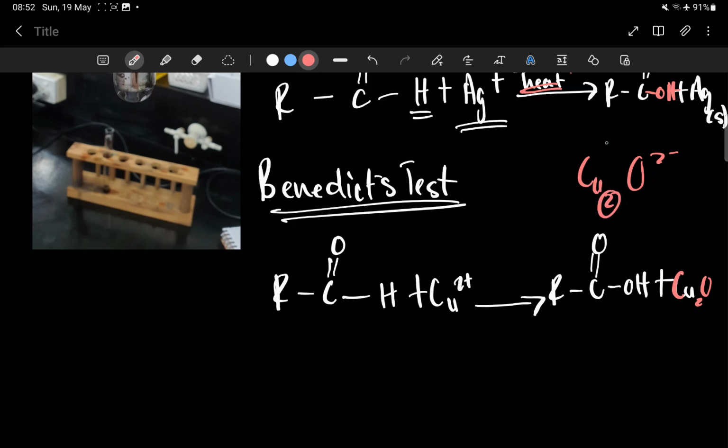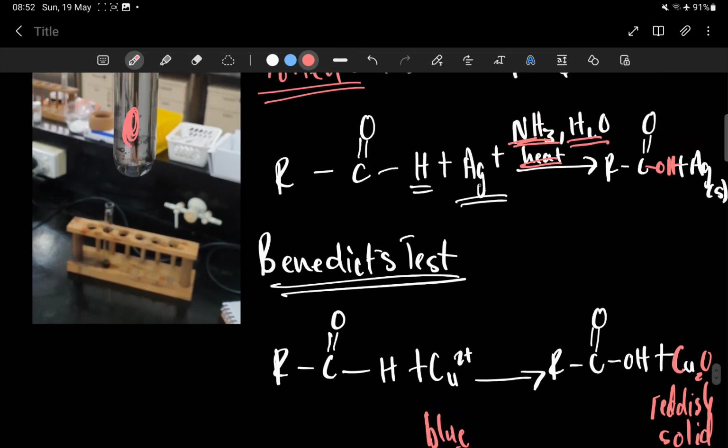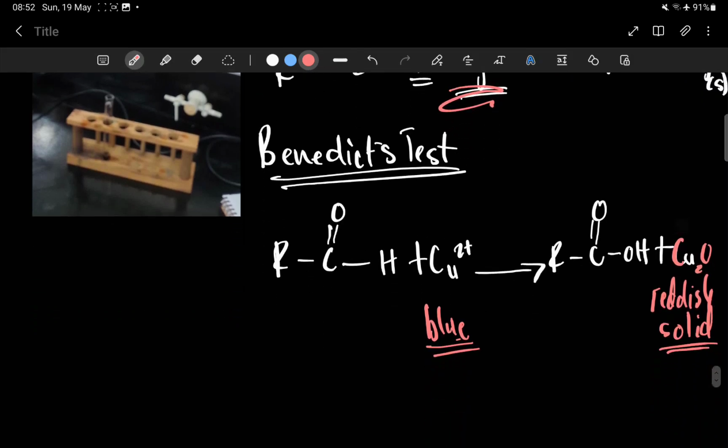So that means it was a Cu plus, so that the 2 of them will become 2 plus to cancel the 2 minus. So that's why Cu2O. That is a reddish solid. So here, this is red. This was blue. It comes from blue to red. This was just colorless. Here we have blue goes to red. Reddish solid. That's for Benedict.